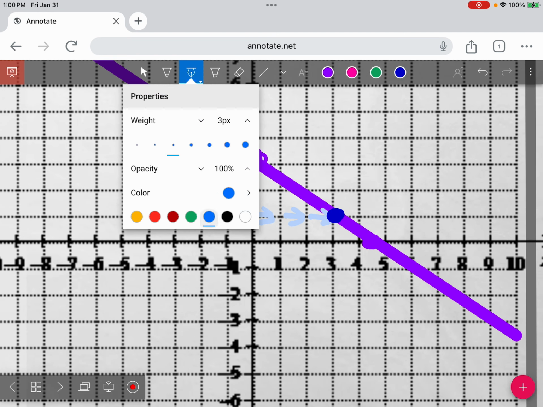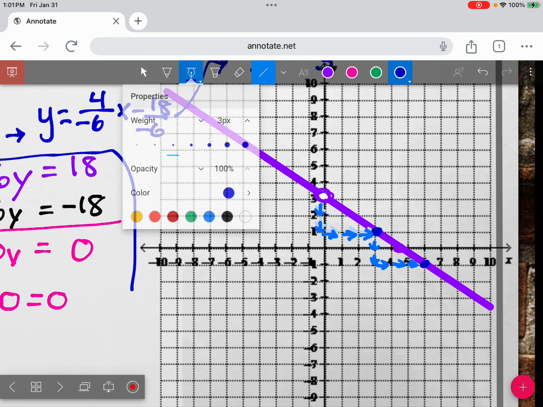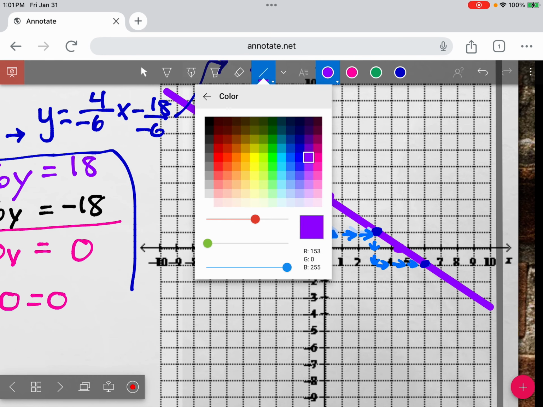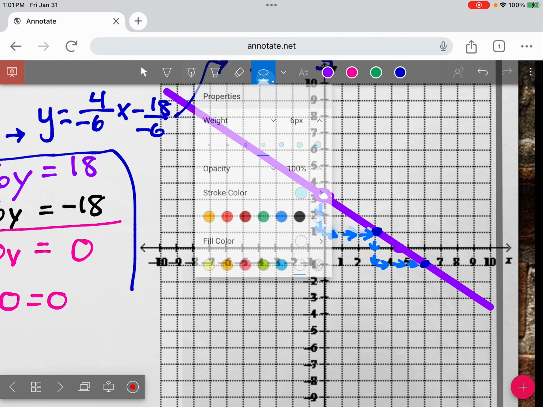If I go, just because these aren't showing up, down to the right 1, 2, 3. It's right on top of that line. So while I'm graphing this, if I put this directly on top of the other line, that is not what I meant.